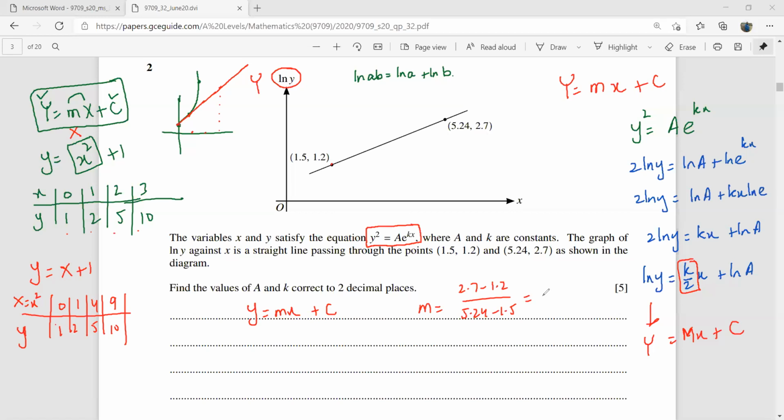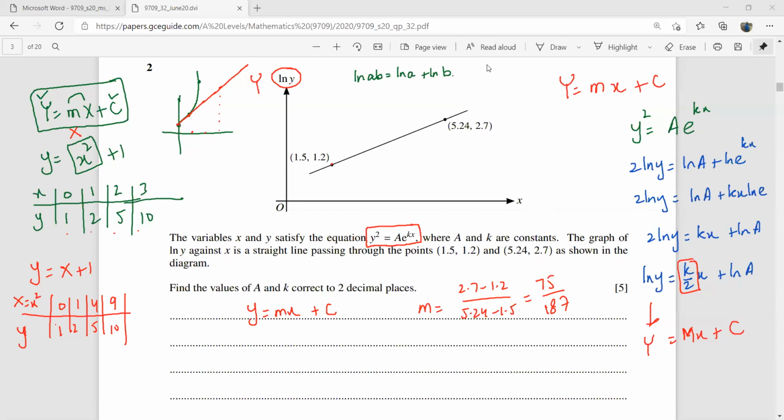This is going to be 2.7 minus 1.2, and then divided by 5.24 minus 1.5. So you see, this is 0.40, or let me write that exactly for a moment. So this is 75 over 187. Now see, this m is basically representing this k over 2.